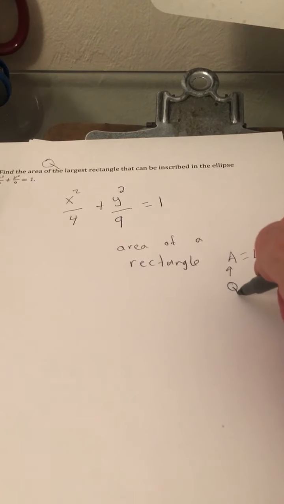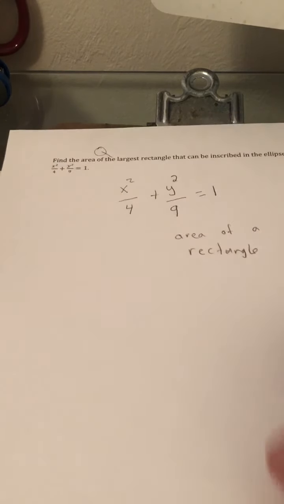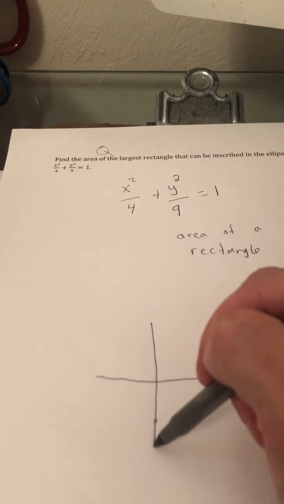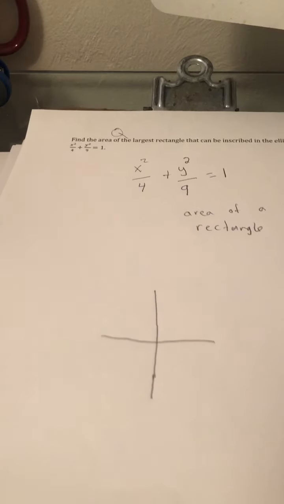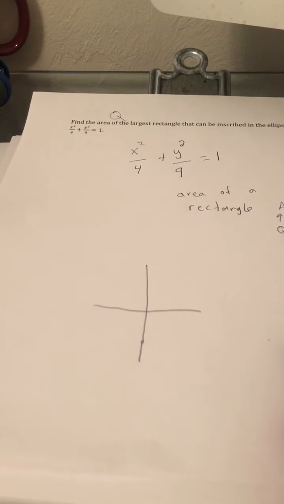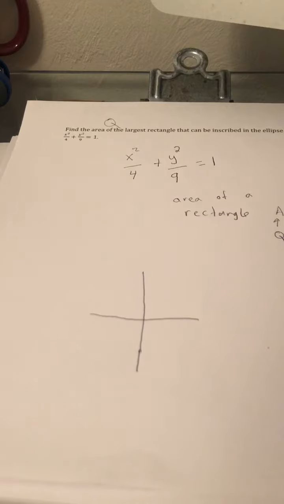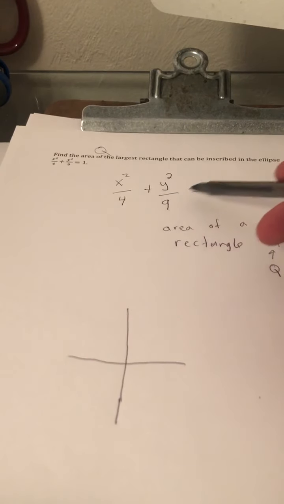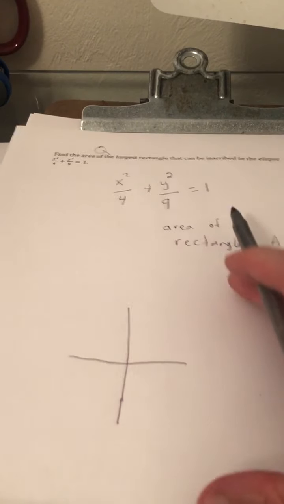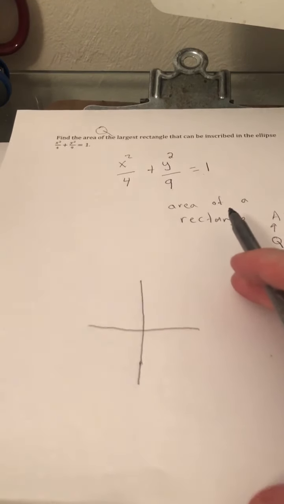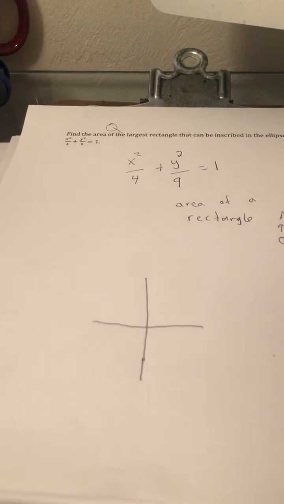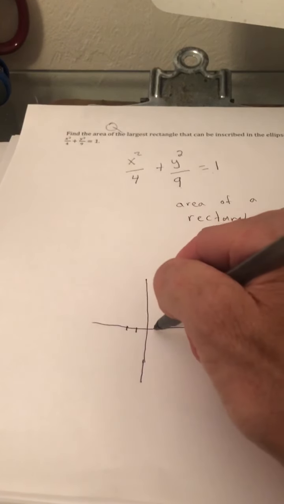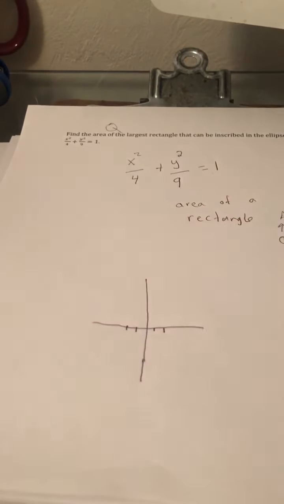What we have to do now is draw a diagram, because what's happening is this rectangle is being inscribed in a certain ellipse. Now the ellipse again is x squared over 4 plus y squared over 9 equals 1. So we can use the x and y intercepts to get a quick sketch of this graph. The x-intercepts are plus or minus 2.